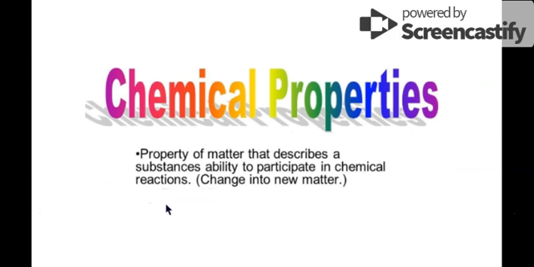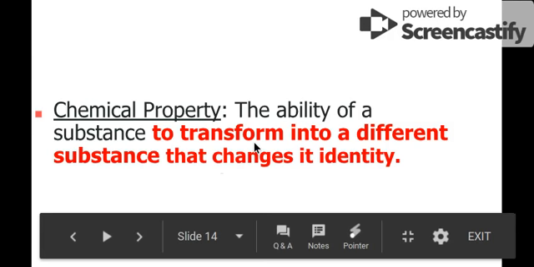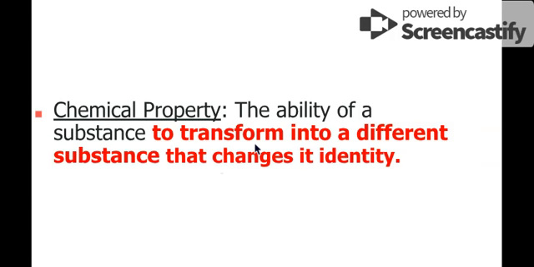In other words, when we talk about chemical reaction, we are talking about the ability of a substance to transform into a completely different substance. Therefore, the identity of the substance changes. So the transformation is the changing of the substance from one type of substance to a different type of substance.